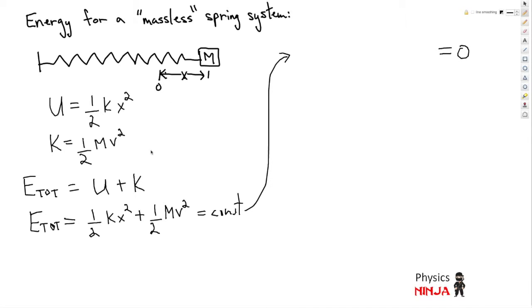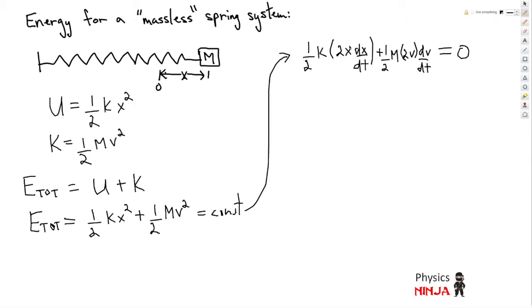If I take the derivative of the spring potential energy with respect to time, I'm left with 1/2 spring constant still there, and this term becomes 2x dx over dt. And the next term is the kinetic energy term, and here I get 1/2 m 2v and dv over dt.